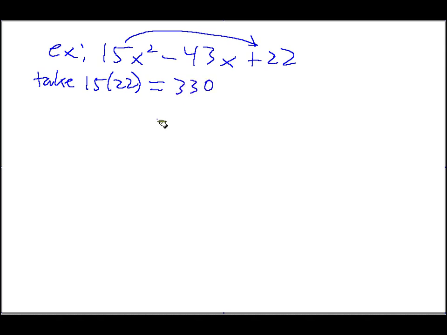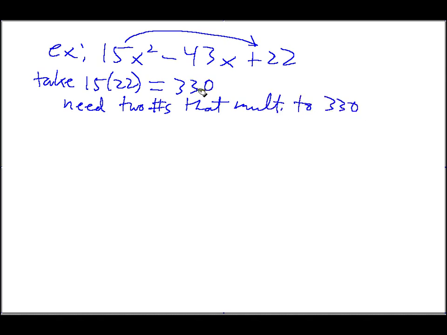Okay then. So what's the criteria then? I need two numbers that multiply to 330, this product right here, this AC here, and add to what? The middle number. Add to negative 43.